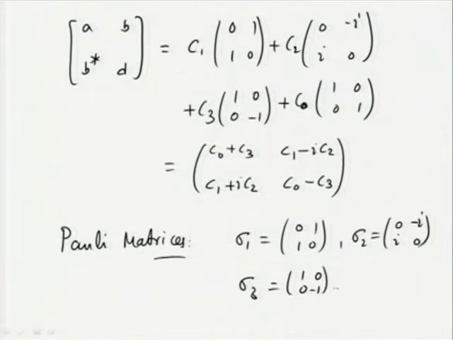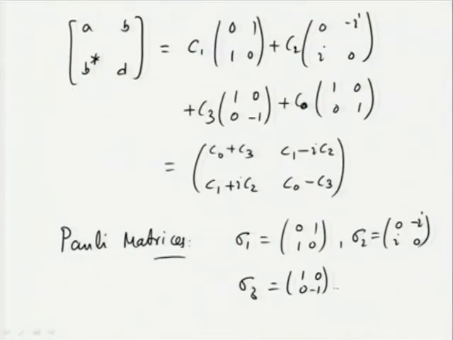So, the Pauli matrices along with the 2 by 2 unit matrix are enough to describe any arbitrary Hermitian matrix of dimension 2 by 2.